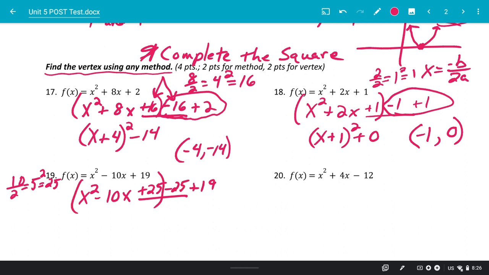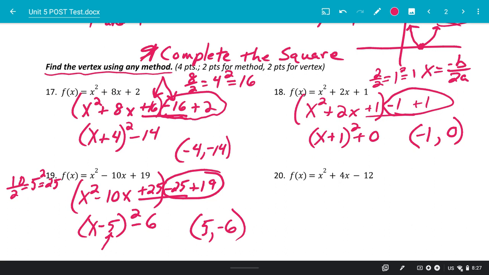Perfect square trinomial, x minus 5 quantity squared. Add my two constants on the outside, which is a negative 6. So my vertex is 5. Remember, we always take the opposite of what's on the inside. And then we take whatever's on the outside. So 5, negative 6.